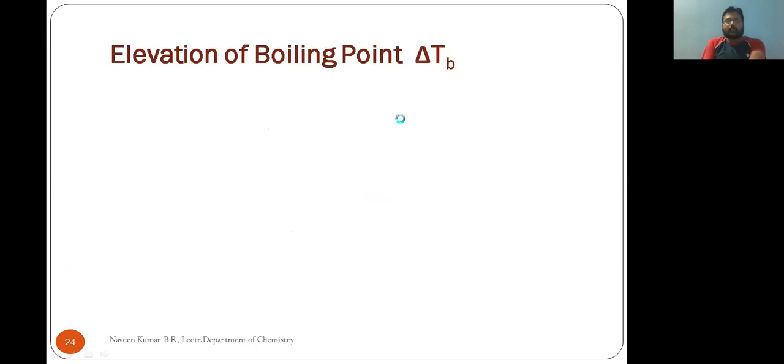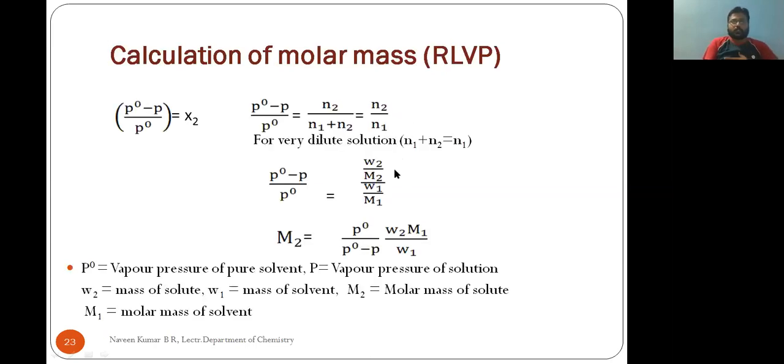Now we'll take the definition of number of moles. As we know, number of moles is defined as mass divided by molar mass. So N2, the number of moles of solute, is the mass of solute divided by the molar mass of solute: W2 is the mass of solute, M2 is the molar mass of solute. Divided by N1, the number of moles of solvent, defined as mass of solvent divided by molar mass of solvent, that is W1 divided by M1.